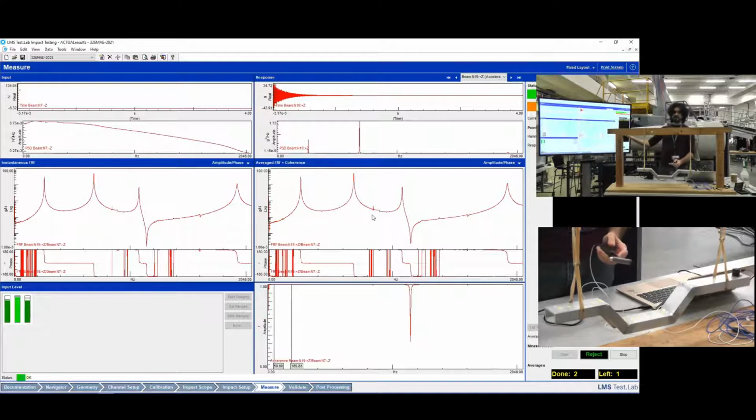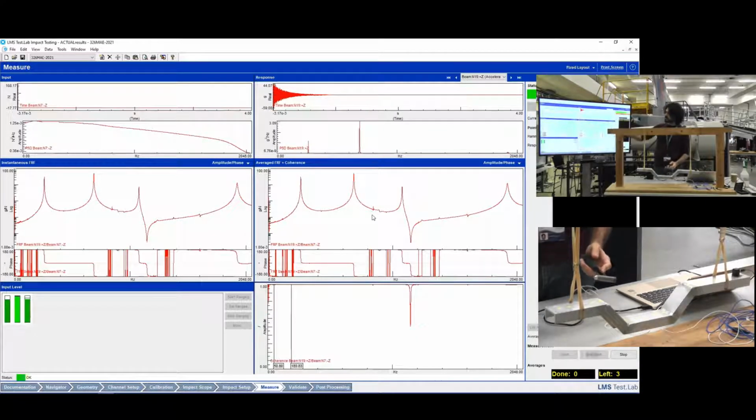See, it's very reliable. You always get the same shape, more or less. 0.8.